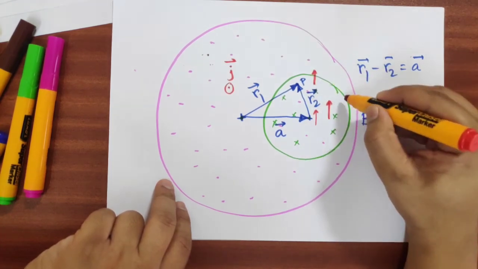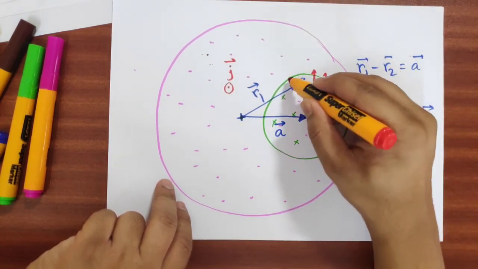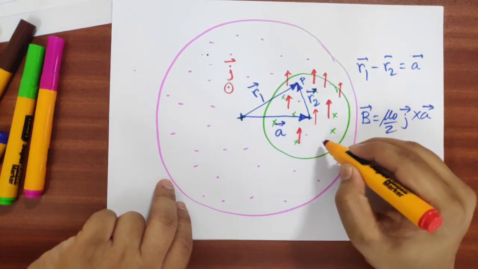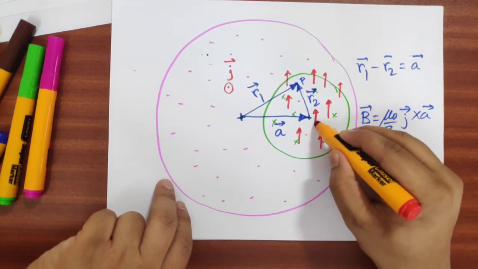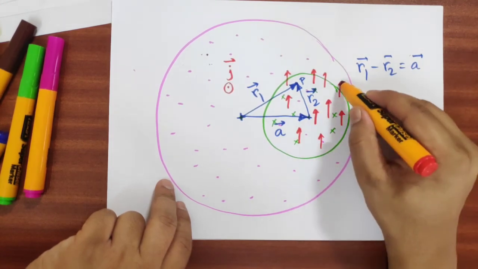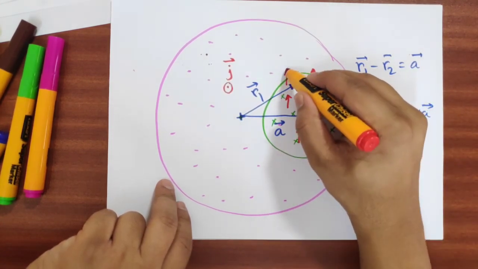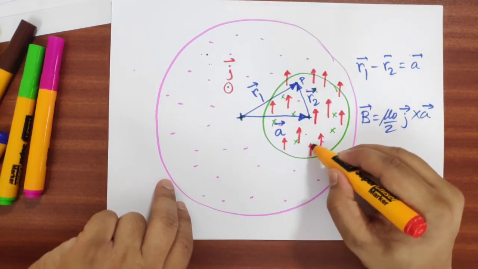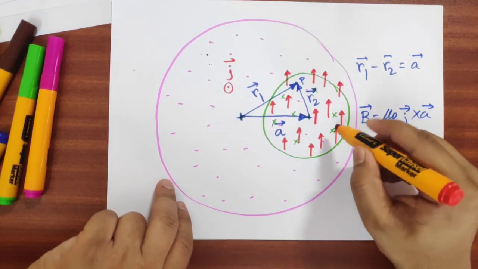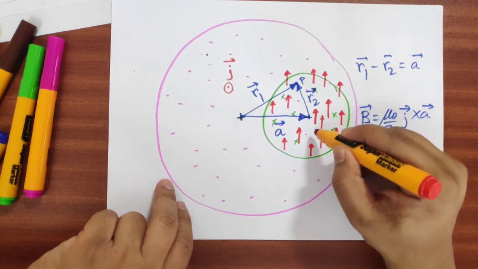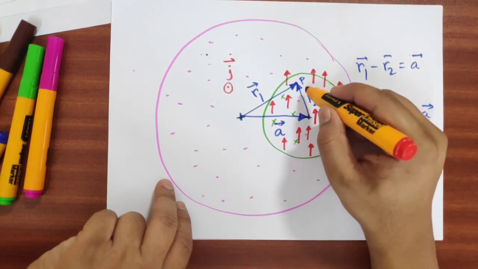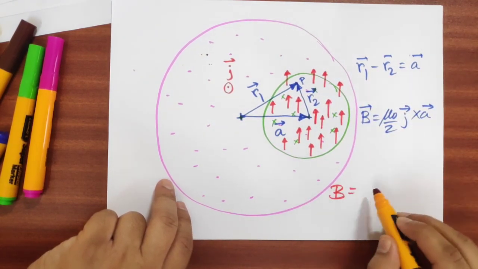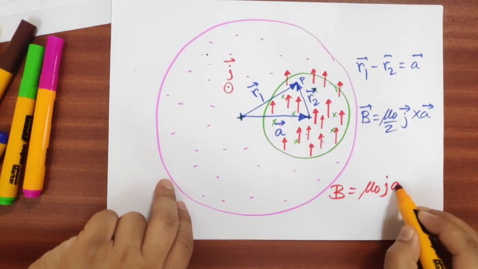So at all points inside the cavity, this is the direction of the magnetic field, parallel to J cross A. This proves that the magnetic field is uniform at all points inside the cavity, and its value happens to be mu naught J A by 2.